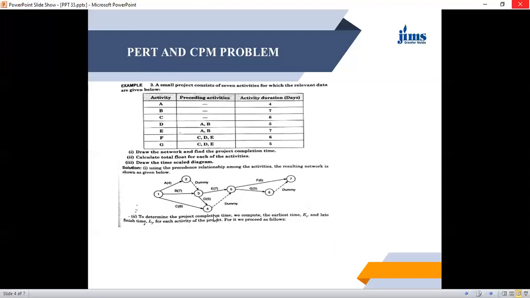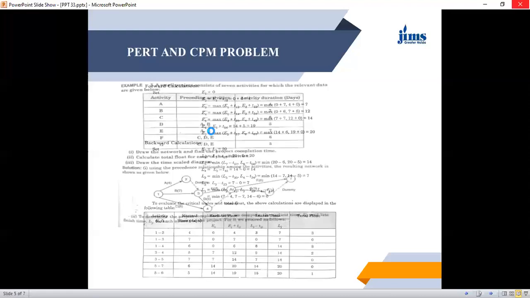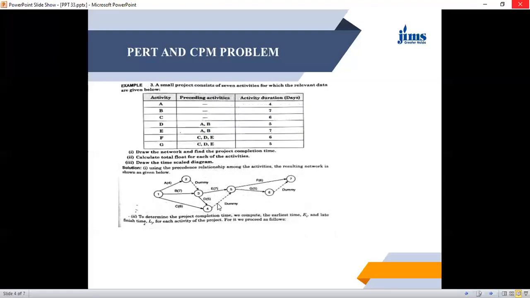Okay. Then E5. How will E5 be? See, this is E5. What is the activity at E5? This is A, B, C, D, E, this one. So the maximum of one will be this, another will be this.